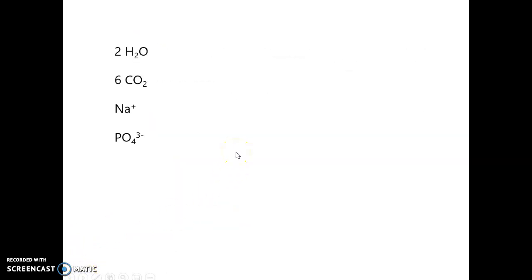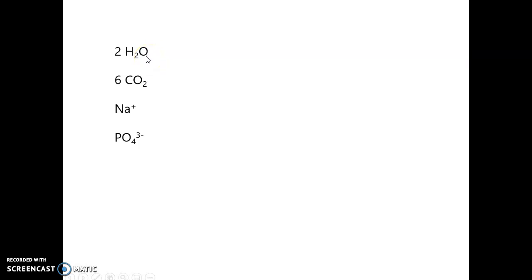All right, so now we're going to look at how these are written and say what they are. So here we have water, which most people are familiar with, and it has 2 hydrogen atoms, 1 oxygen atom. When you have one of a particular atom, the number 1 isn't really written here, it's just assumed.